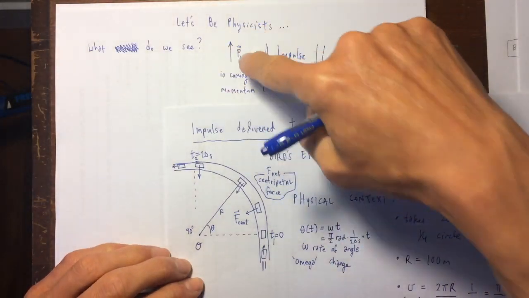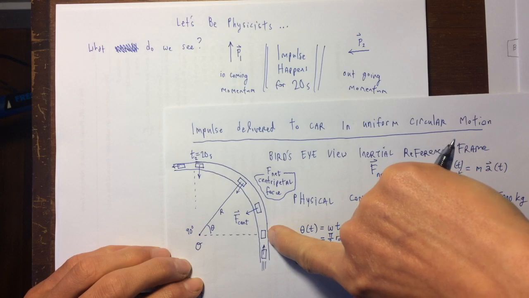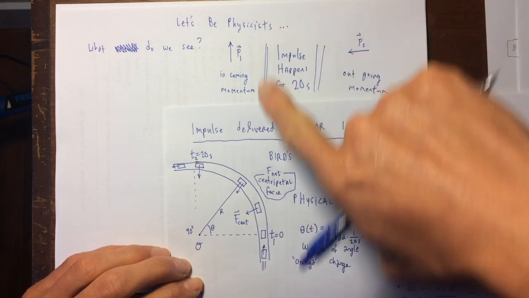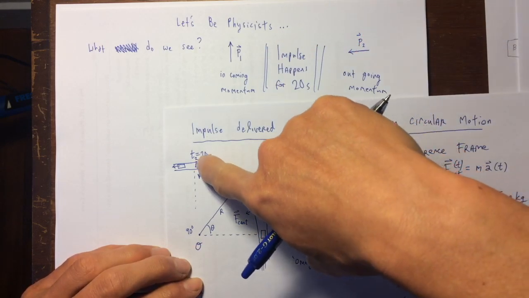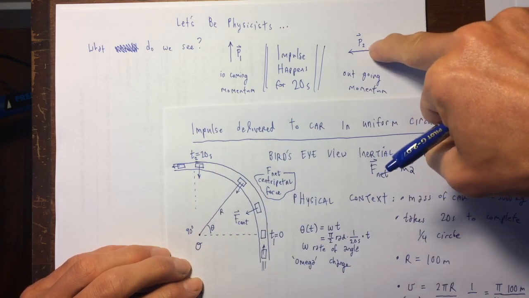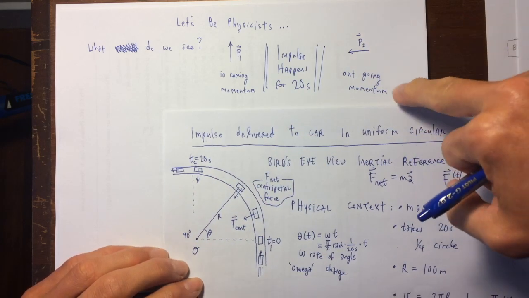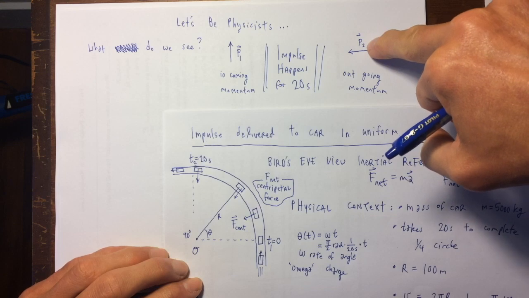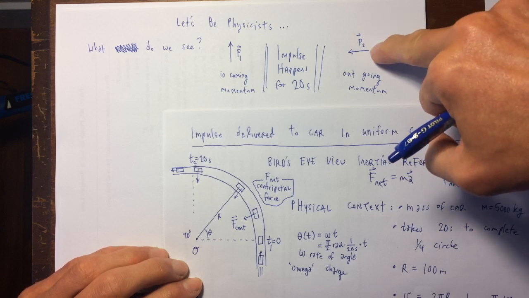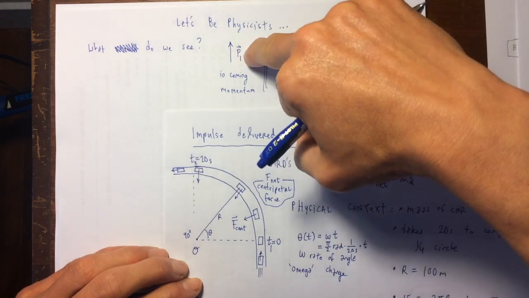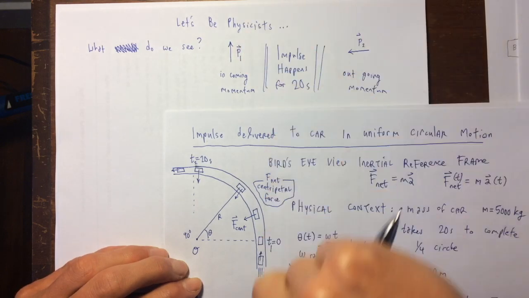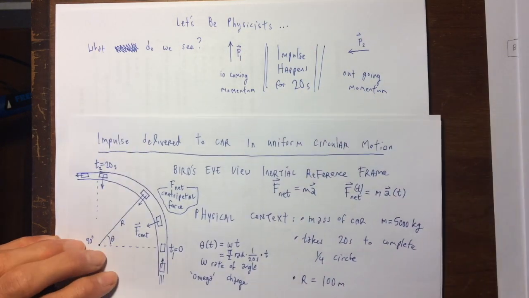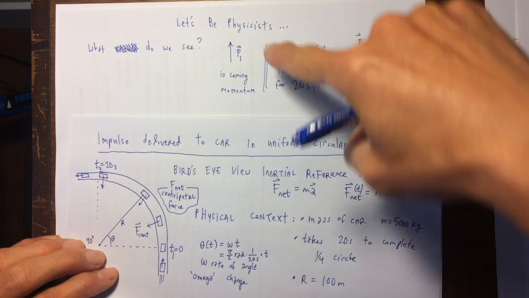So incoming momentum is like the initial state, impulse gets to occur for 20 seconds, and in the outgoing situation the momentum is different. It is purely sideways towards the left. Before it was purely upwards with no sideways momentum. But let's continue to be physicists.